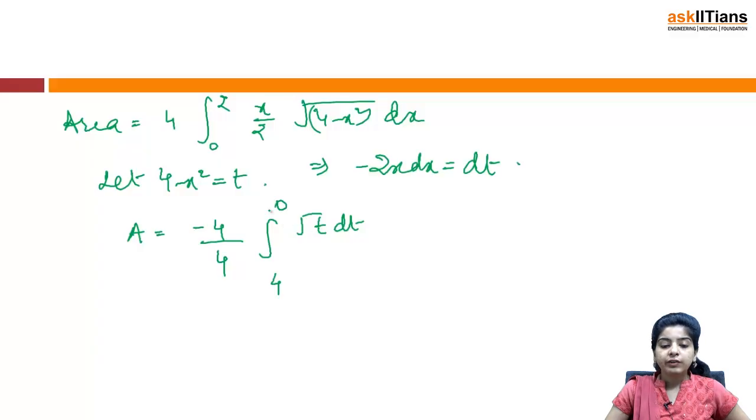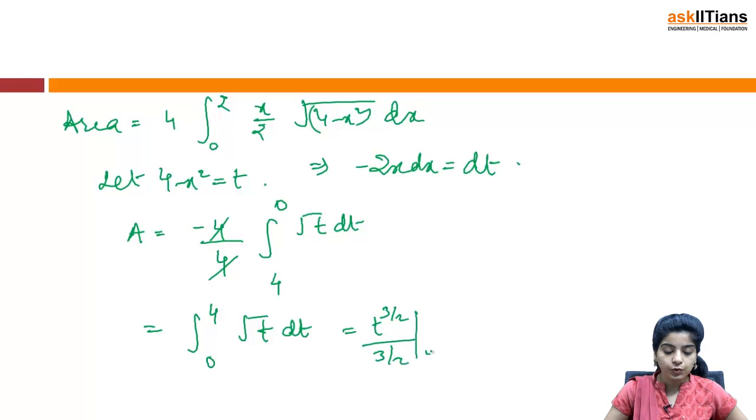When x was 0, t is 4, and when x is 2, t is 0. So 4 gets cancelled, and instead of minus we can just interchange our limits using the properties of definite integration, if you remember. So I have it as 0 to 4 under root t dt, and therefore this just becomes t raised to 3 by 2 by 3 by 2 from 0 to 4, and therefore we have 16 by 3 square units.